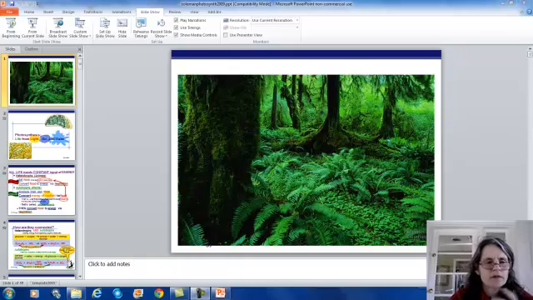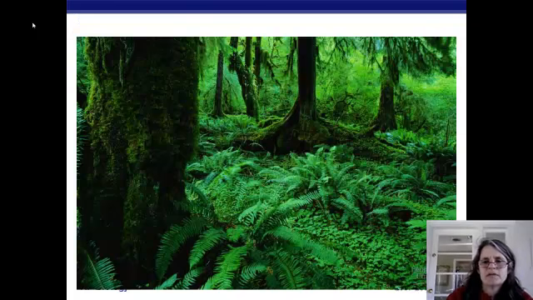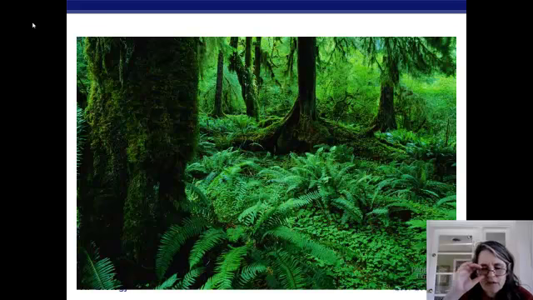All right, welcome to photosynthesis. What you see before you is a beautiful green, temperate rainforest as opposed to a tropical one, maybe up in Seattle somewhere, but I don't really know. It could be anywhere.